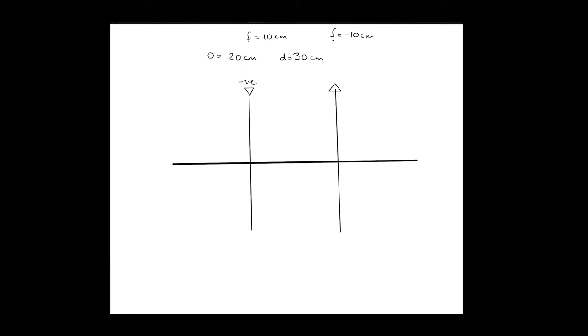Negative, and this one is positive. And I have F1 left, F1 right. And similarly on this side, I have F2 left and F2 right.